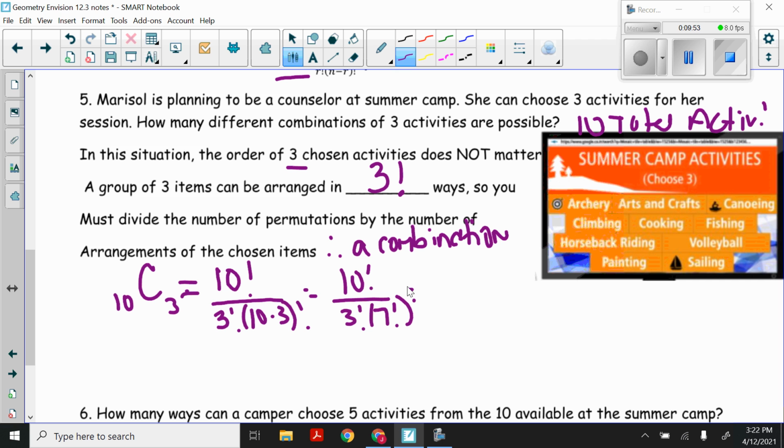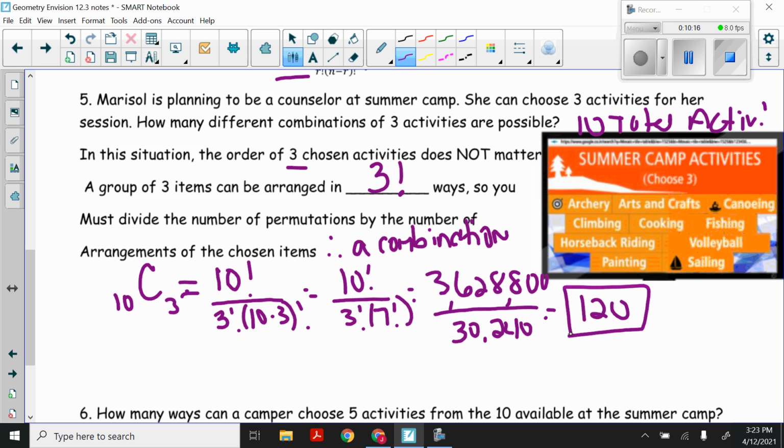On top, 10 factorial is 3,628,800, over 3 factorial times 7 factorial, which is 30,240. I divide that, and I get 120. So there are 120 combinations of ways to choose 3 activities, where order doesn't matter, out of those 10.